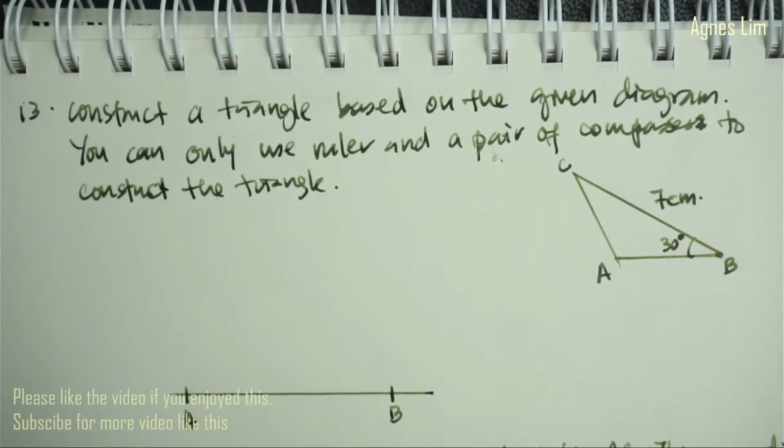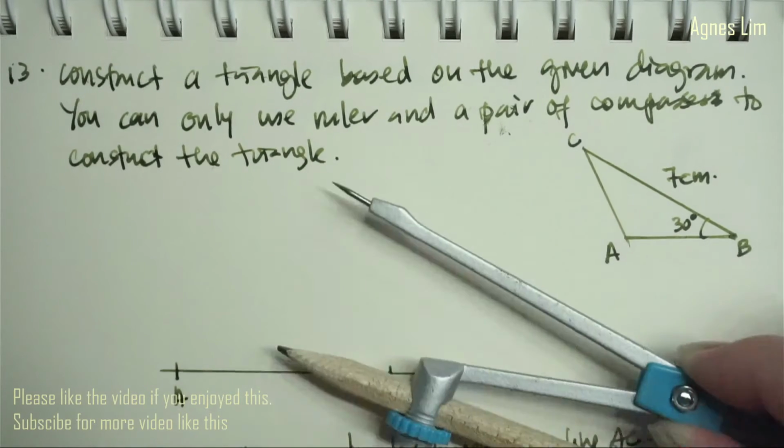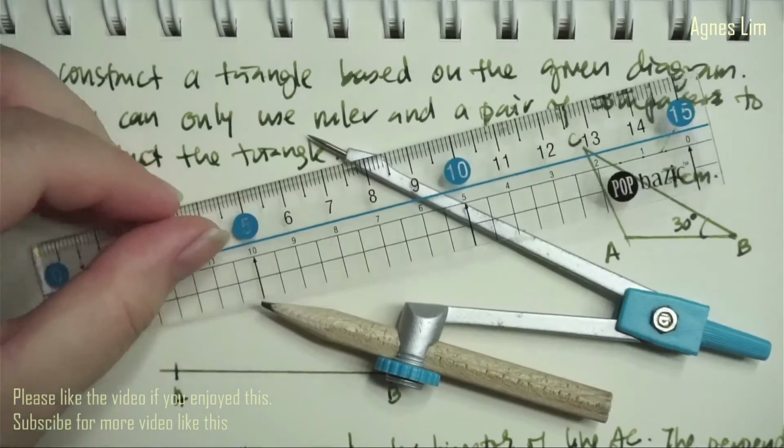You can only use a ruler and a pair of compasses, so you can only use these two, that's it.